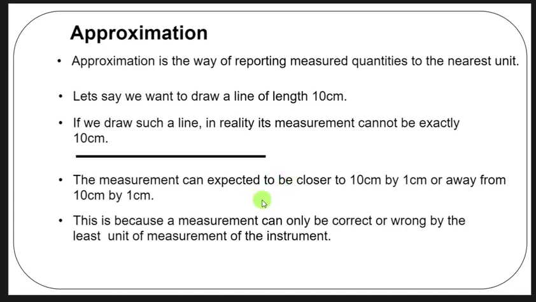That is the error a person doing measurement with that instrument is expected to make, even when they think they've made an accurate measurement. Their measurement cannot be accepted as very accurate because errors are introduced by a human being or the apparatus itself, based on the least unit of measurement of the instrument.